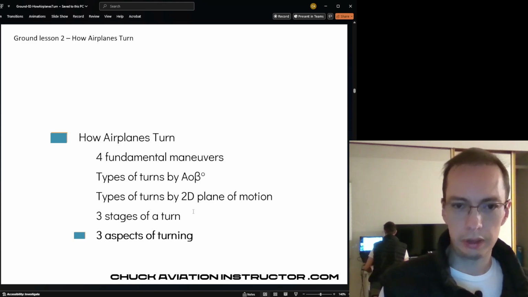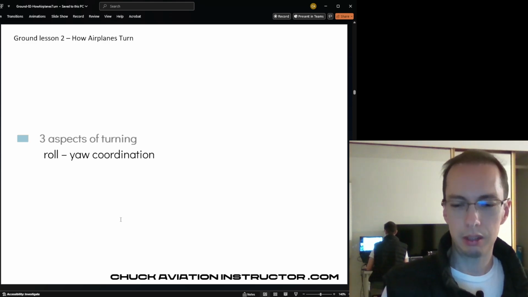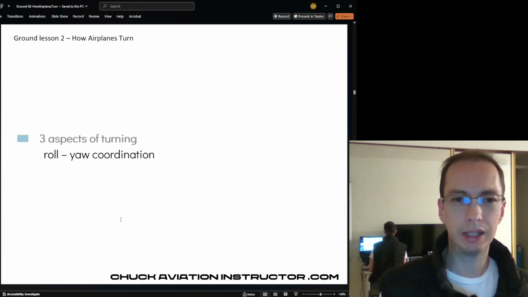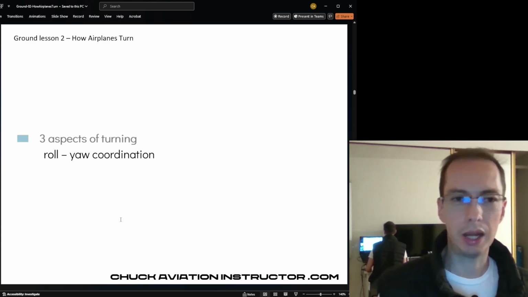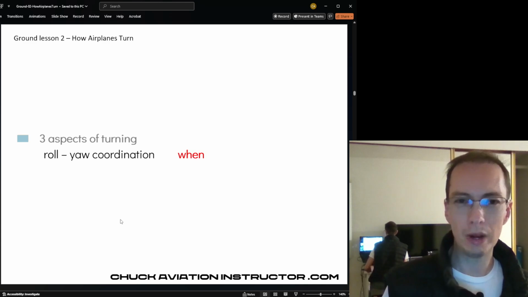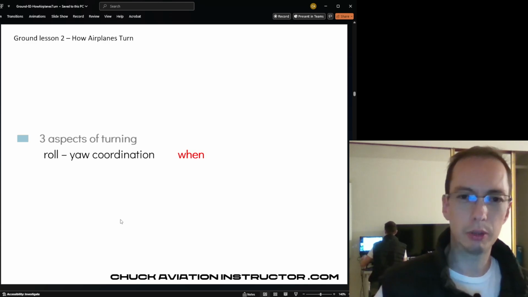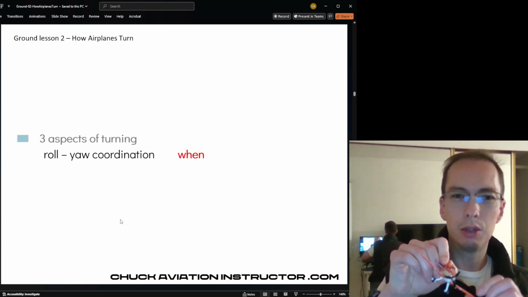So there are three important aspects of turning, and the important thing is to know what is relevant when and why. The first aspect is roll and yaw coordination. When is that relevant? Only during roll in and roll out.